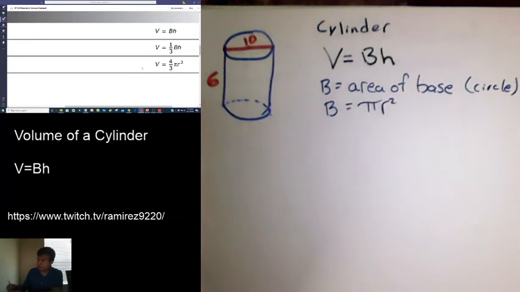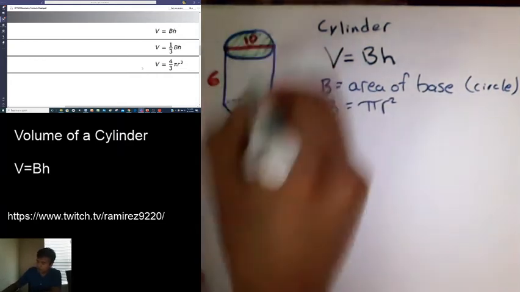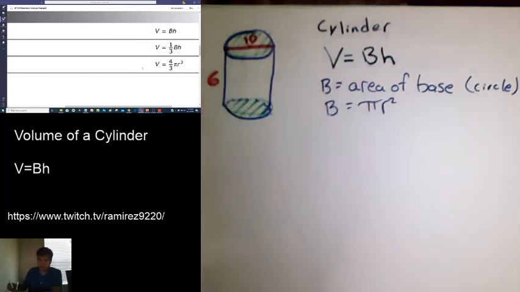That's the only difference. Your height is still the distance between your bases. My bases are these circles right here, and the distance between them, in this case the 6, is my height.